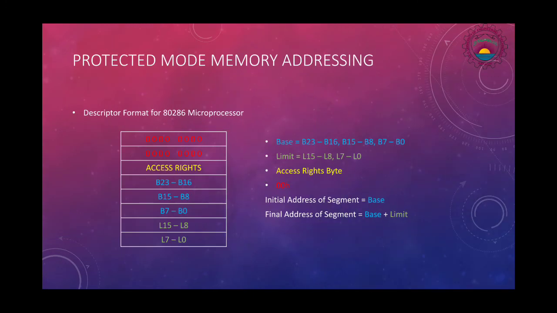In this slide, we are having descriptor format for 80286 microprocessor. For remaining of the microprocessors from 80386 onward till Pentium 4, the format for descriptor is different. So in case of 80286 microprocessor, in the first 2 bytes, you will be having limit L0 to L7, L8 to L15.